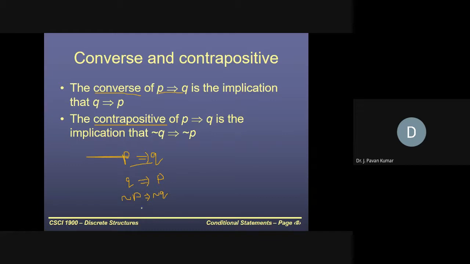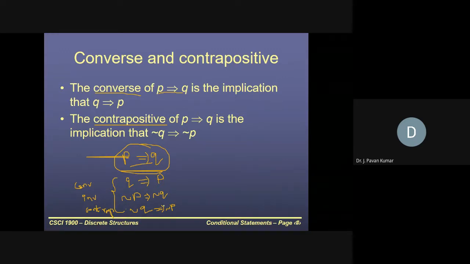For this P implies Q, contrapositive is nothing but negation Q implies negation P. These are the three things: first converse, next inverse, next contrapositive. This contrapositive is very, very important.